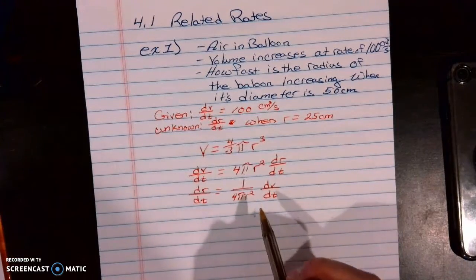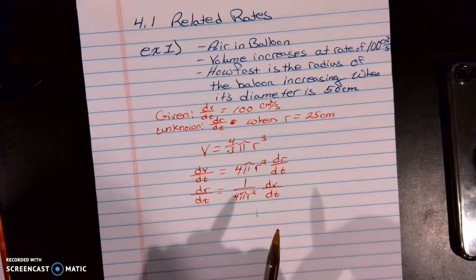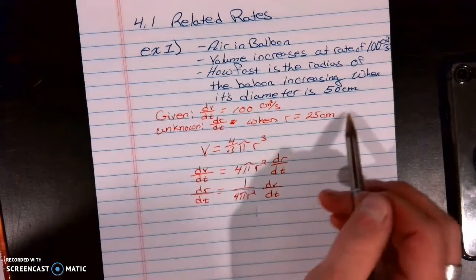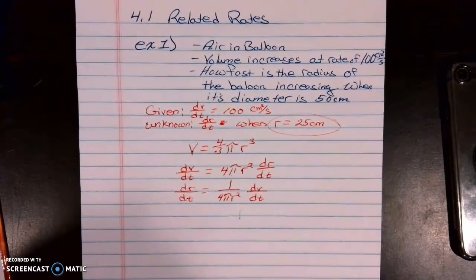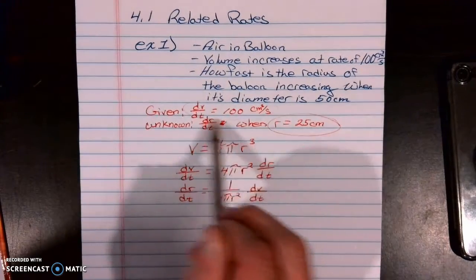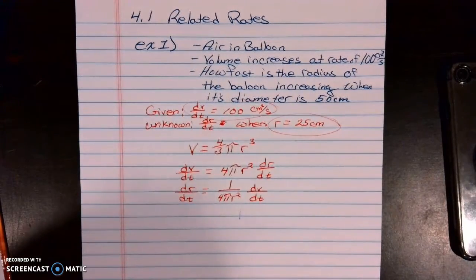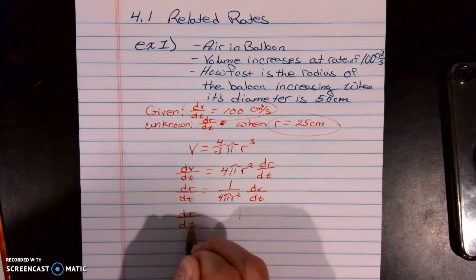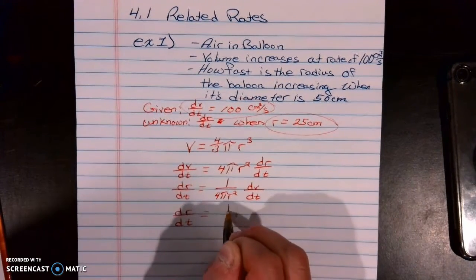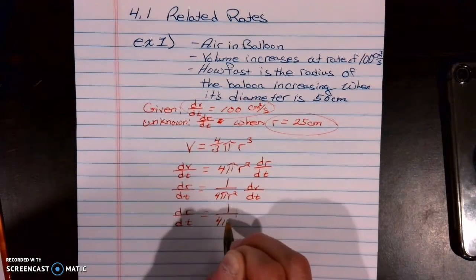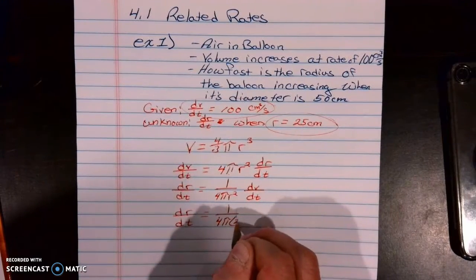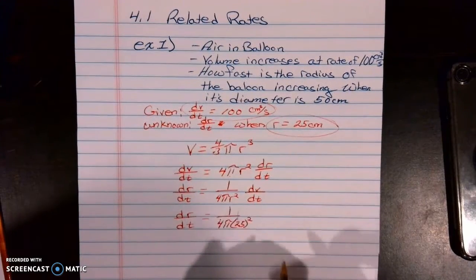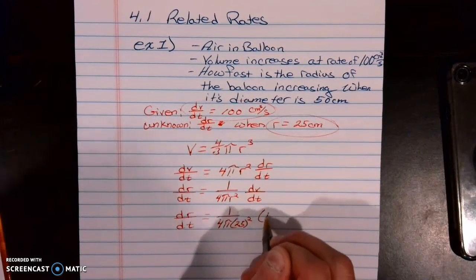Okay? And now at this point in the problem, all I'm simply doing is plugging in pieces that I know. I know the rate at which the volume changes with respect to time, so now I can plug it in, and I can say dr/dt is going to equal 1 over 4 pi times 25 squared times 100.